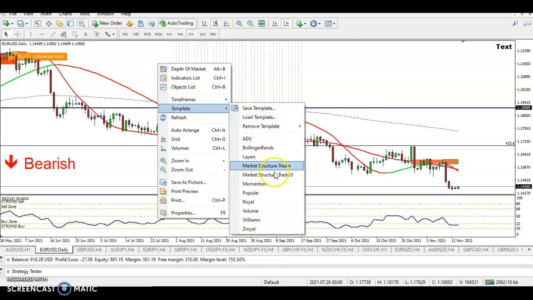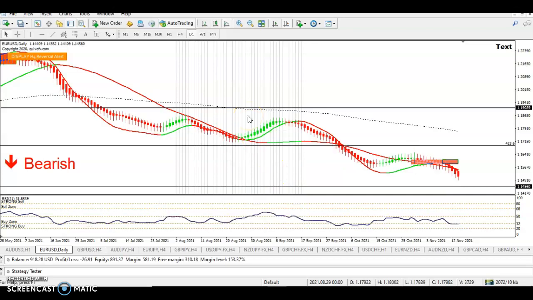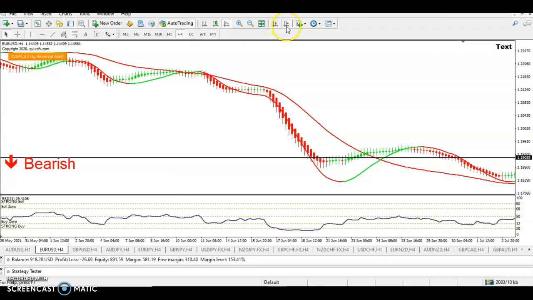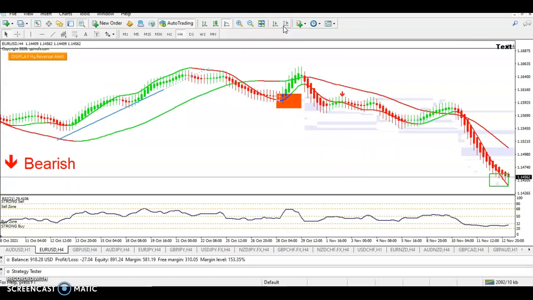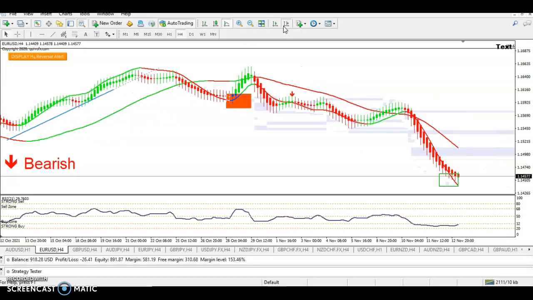We can look at market structure with the Heikin-Ashi candles, just to give a different look in case this helps. Okay.